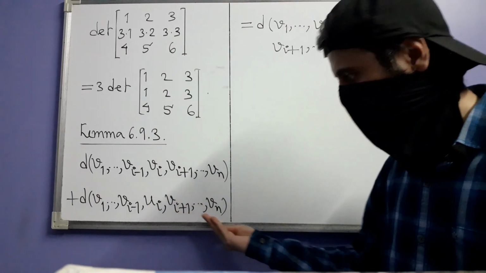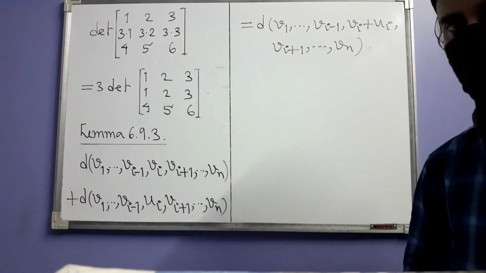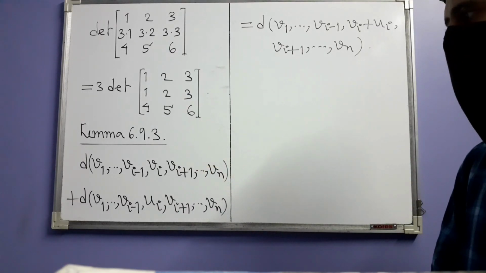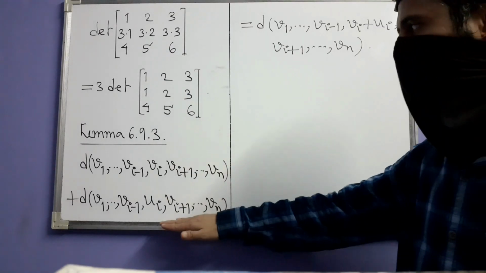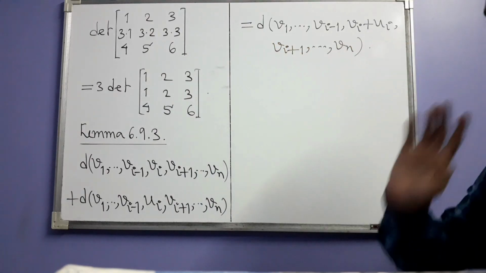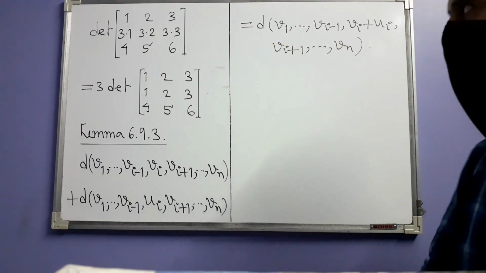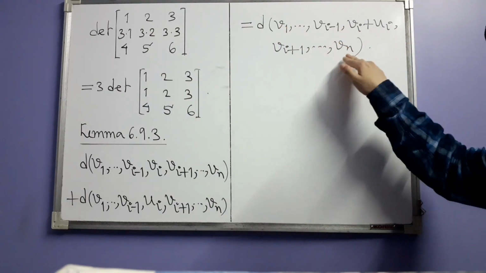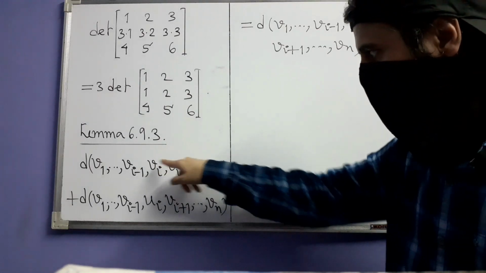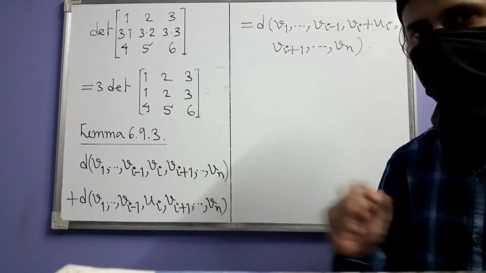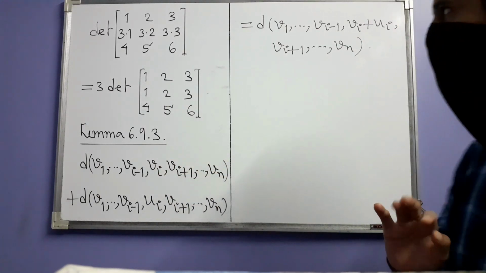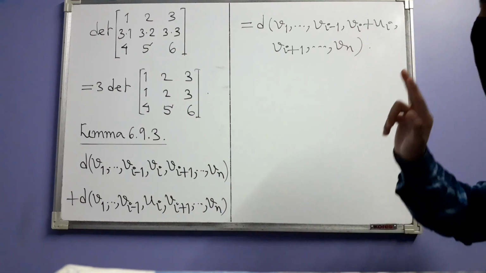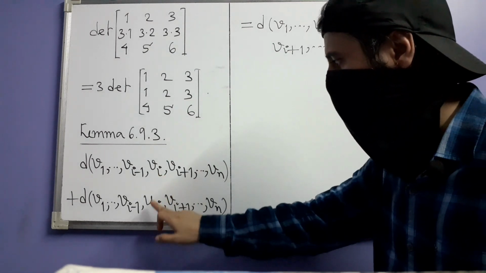And then the rest of the rows are again the same rows. If so, then this sum is equal to the determinant of a new matrix where these rows continue to be the common rows that we already have, but the ith row now is Vi plus Ui.